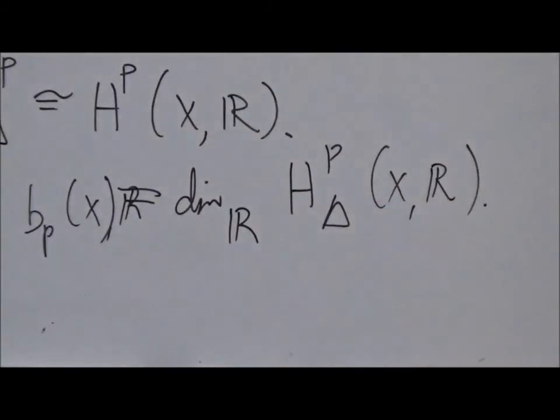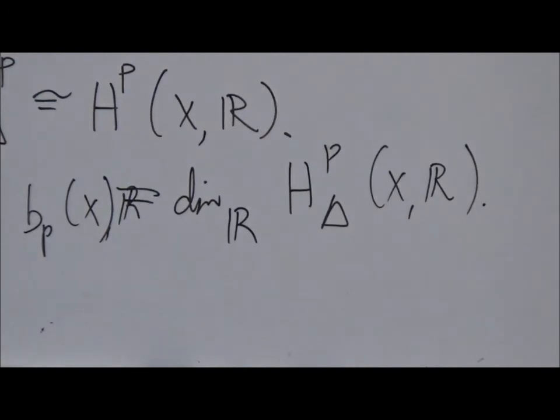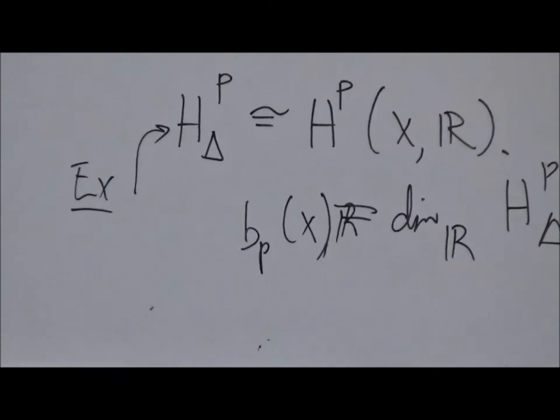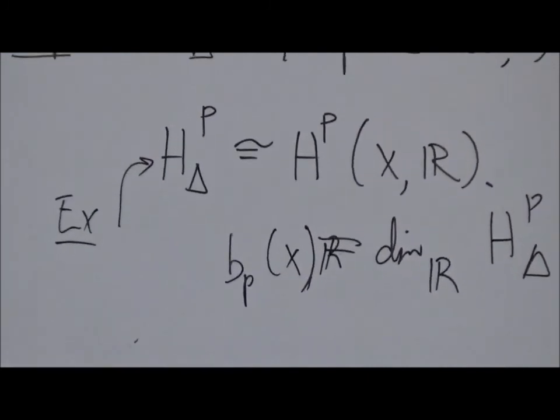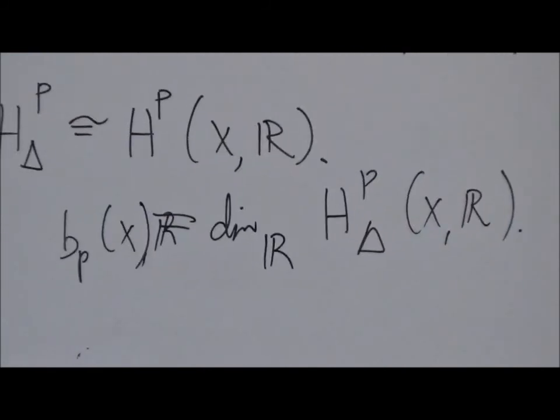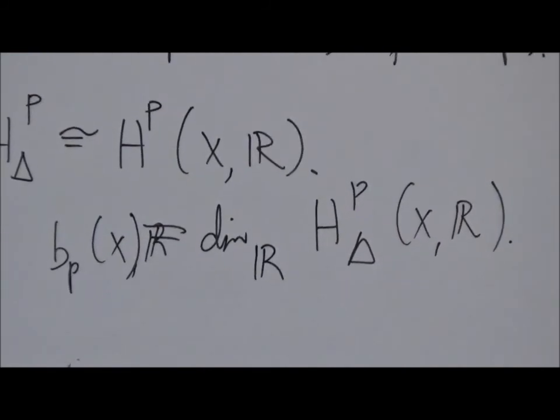So what we've done is we've shown that a topological object, roughly, is the same as something that only requires a smooth structure, is the same as something that requires a metric. Okay? So we have different structures, and they're all giving us the same invariant this time.